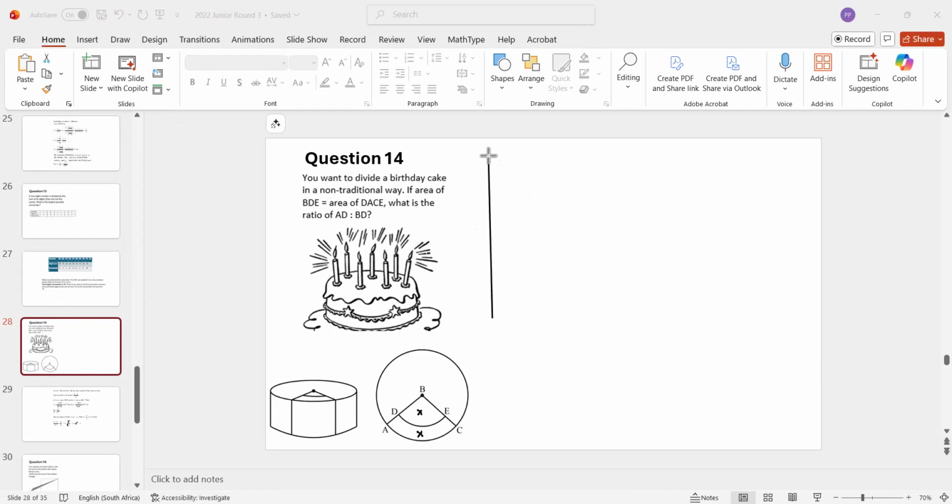Okay, let me just create some space here to do my writing. So AD to BD. Now what I'm going to do is, you see, I've got BD and I've got a partial area of a circle, and BD is the radius of the circle.